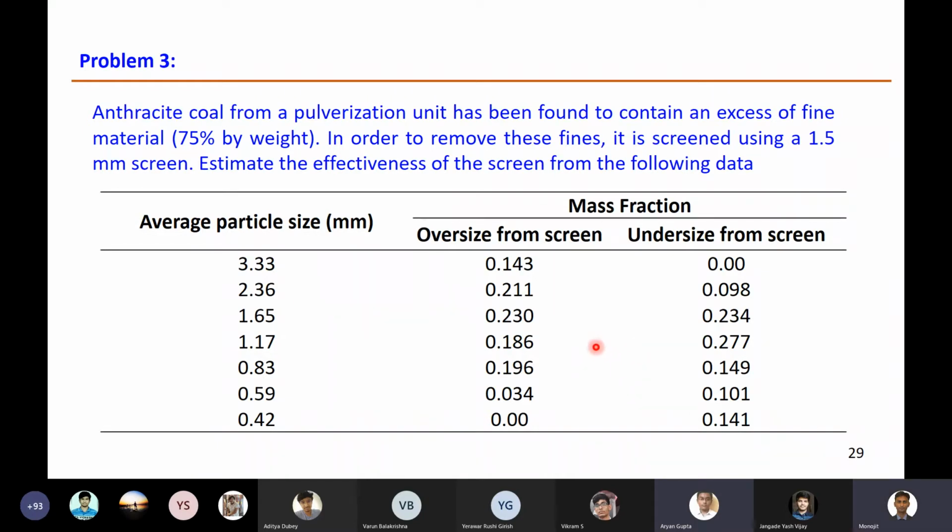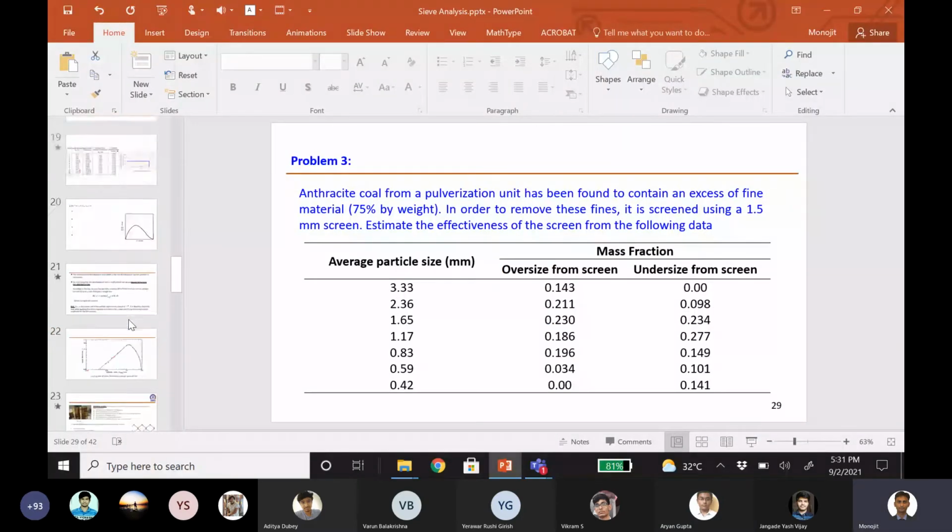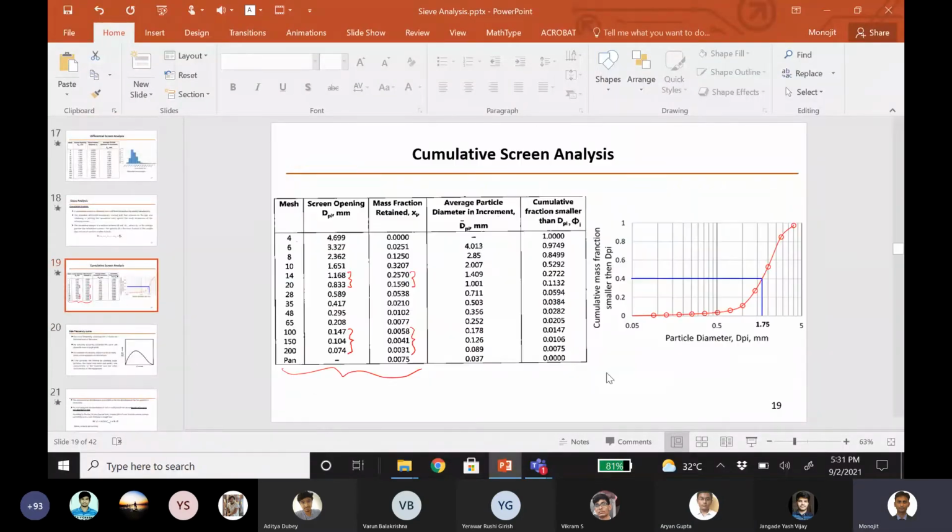Yeah, log or semi log or normal graph, that is the way you represent. That's not the matter. But how to construct the cumulative table? So remember, in this cumulative analysis, we have constructed one table. This is the cumulative fraction smaller than DPI.